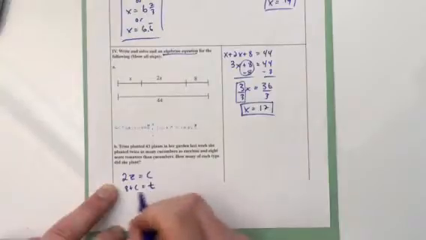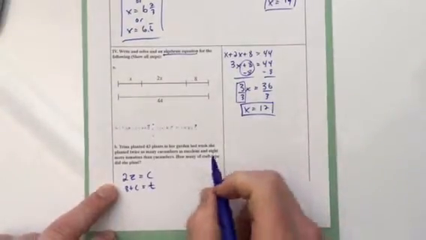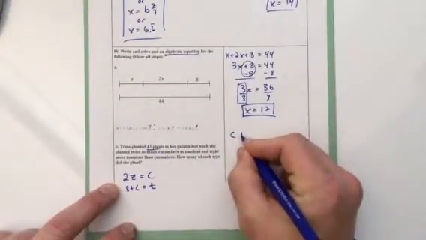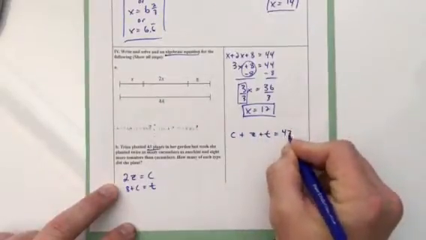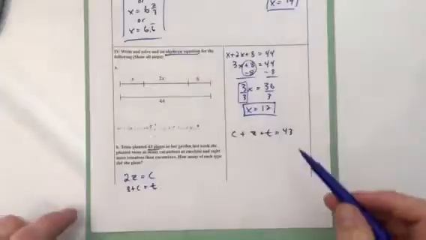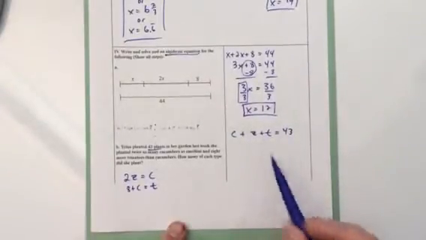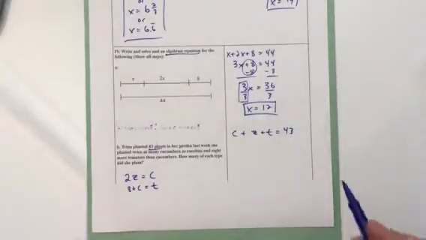All right. And then the equation we know, or that should jump out at us originally, is since there's 43 total plants, cucumbers plus zucchini plus tomatoes equals 43. So hopefully we started here. The problem with this equation, of course, is that there's 3 variables, right? And I want to get it down to just one variable.